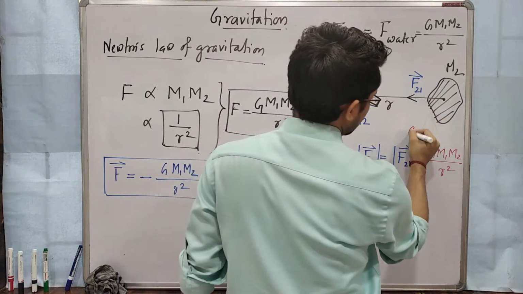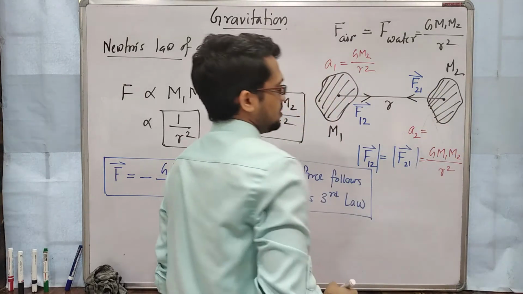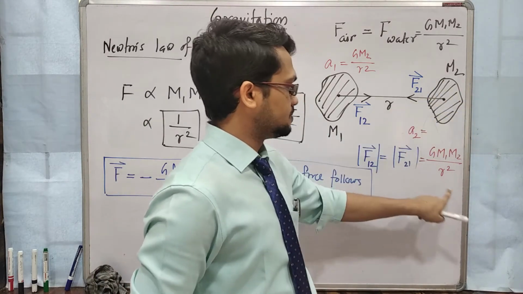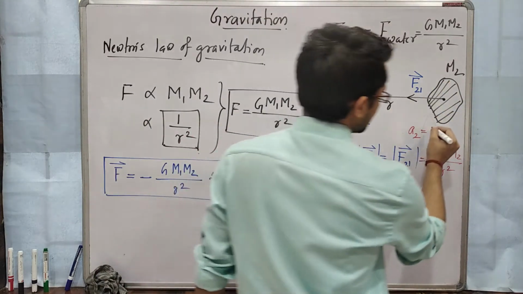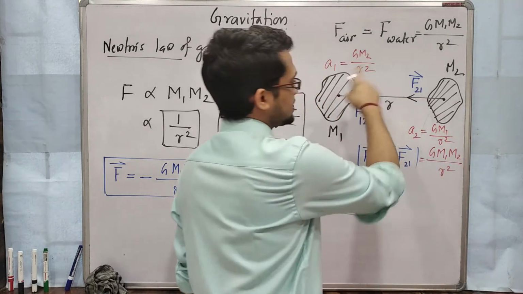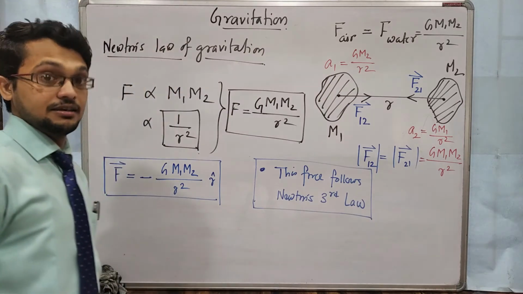For this other mass, denoted a2, we divide the force by this mass, so it will be G m1 by r square. So their accelerations are different.